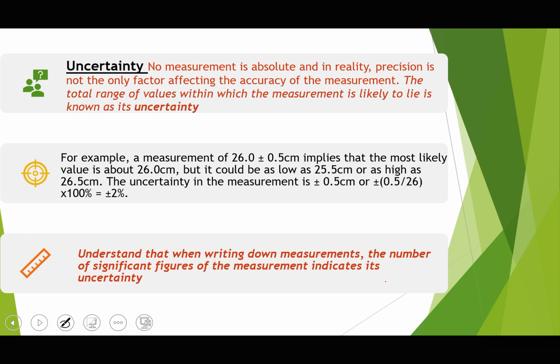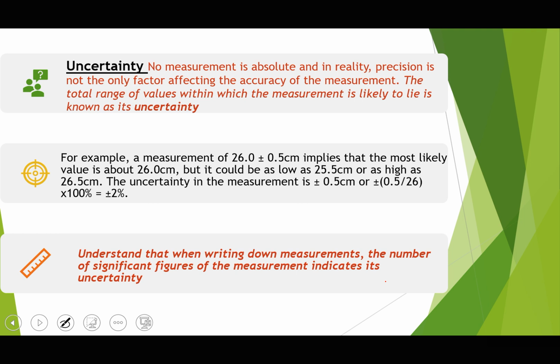Now, in measurements or in physics, no measurements are actually absolute. By the way, absolutism is the opposite of relativity. Remember, in relativity, we say quantities or things in life have significance in comparison to others. In measurements, there are no absolute measurements.